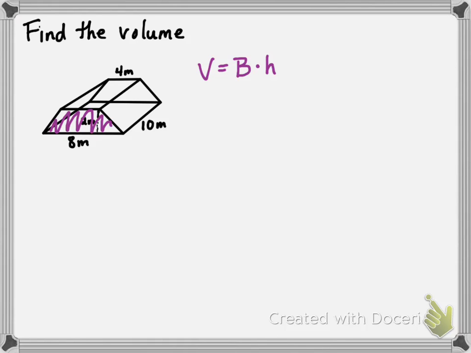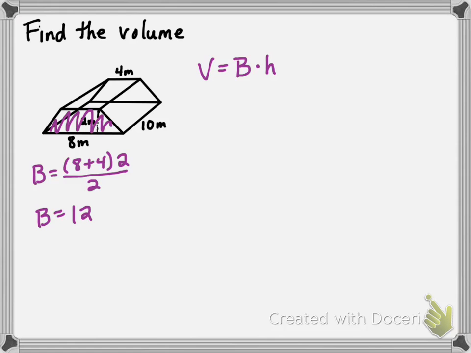Well, I need both bases, right? Notice, since this is 4 meters, then I know this is 4 meters. So I know this is 4 meters, 8 meters, and 2 meters. So I can find the area of that trapezoid. The area of the base is going to be 8 plus 4, because that's B1 plus B2, times height, so times 2, all divided by 2.